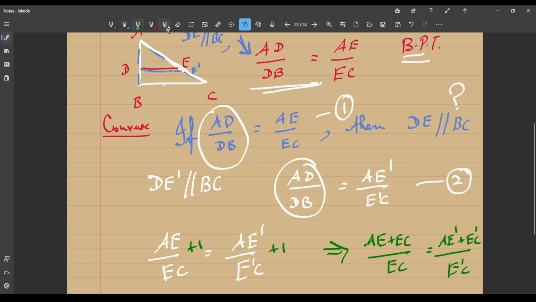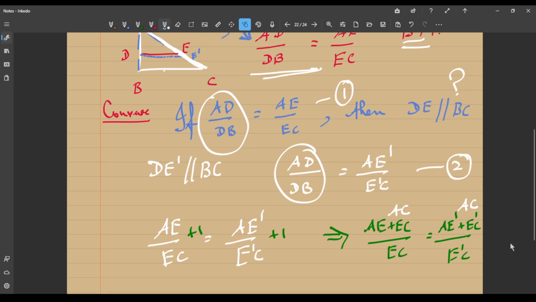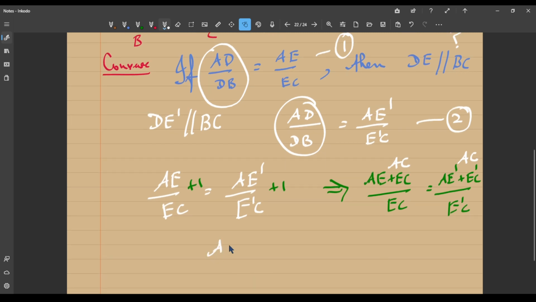Now the numerator of both these ratios can be rewritten as AC, because if you look at the figure you will understand both of them add up to this line AC. So ultimately we have AC by EC is equal to AC by E dash C, or if you cross multiply, of course the result is evident, but still if you cross multiply you get AC multiplied by E dash C is equal to AC multiplied by EC.